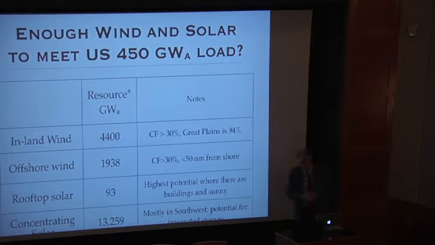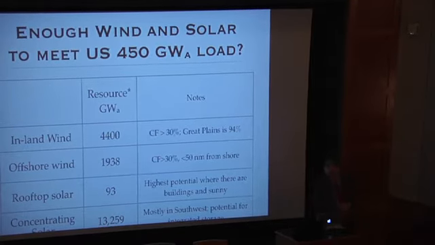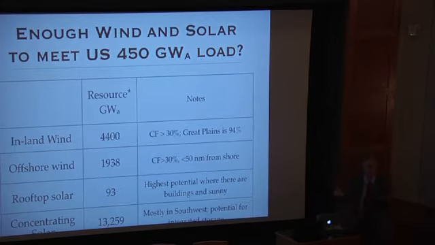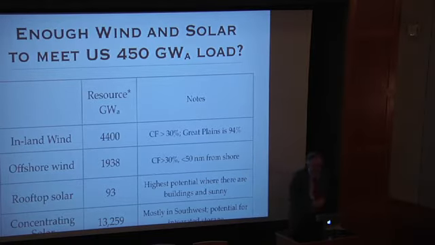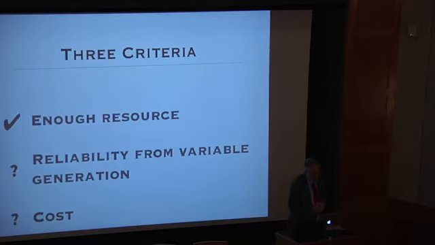Rooftop solar, 93. And so that's going to be helpful, but it's not going to get us that 80% reduction. And then concentrating solar, you saw in the southwest there, 13,000 gigawatts, 13 terawatts. Now we got to talk about cost and these other things, but we get to check the first item.